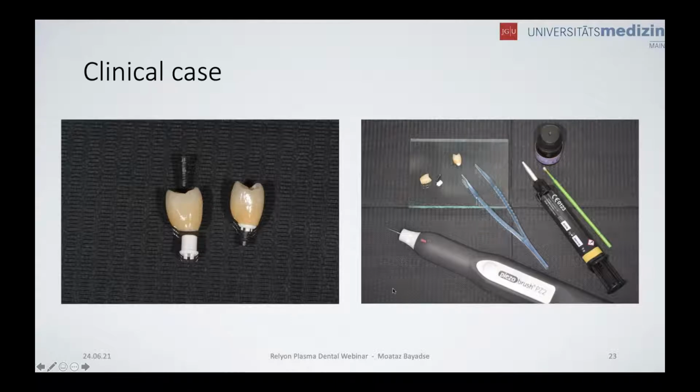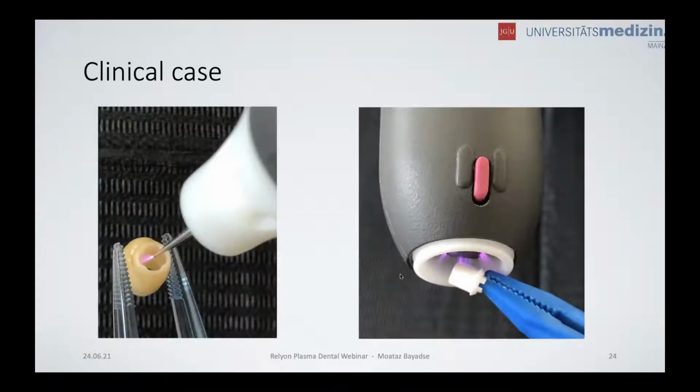And here's a setup of how you do it. This is our resin cement, the primer, and of course the plasma device. We activated the surface, or treated the surface, with the plasma device, which was not a very complicated way. It was really easy to use.